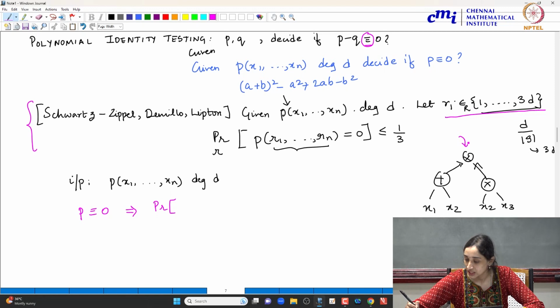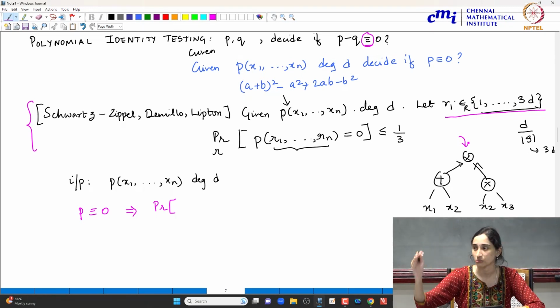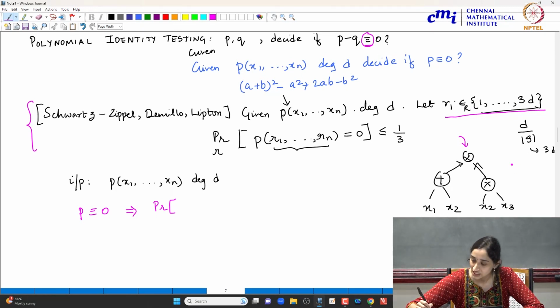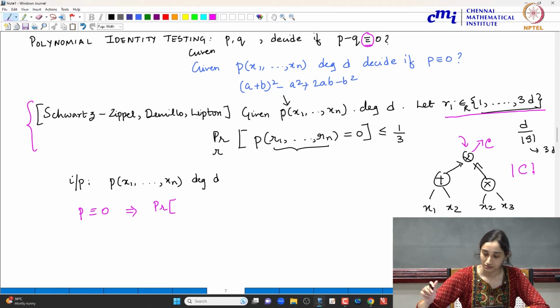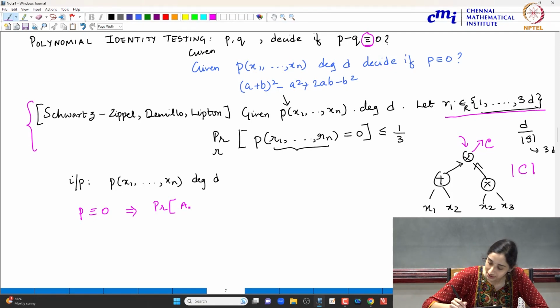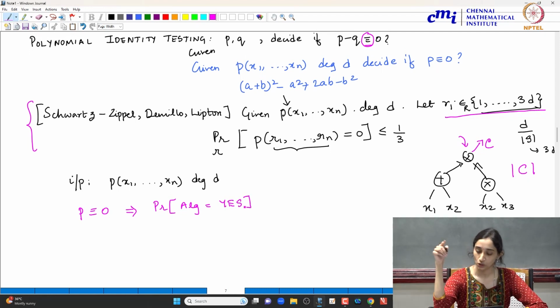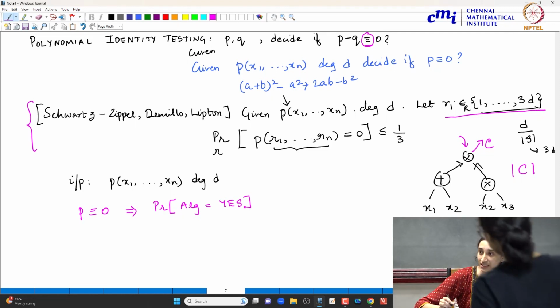Substitution will not take much time, since you evaluate this tree bottom up, so it takes time the size of the graph C. So this is an algorithm: you pick the point uniformly at random, substitute and check. So what is the probability that your algorithm will say yes, it is identically 0, if the input polynomial is actually identically 0?